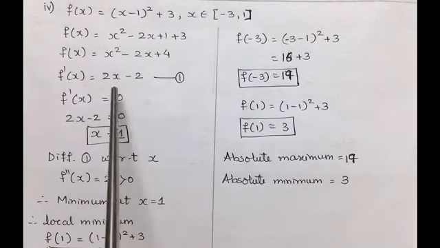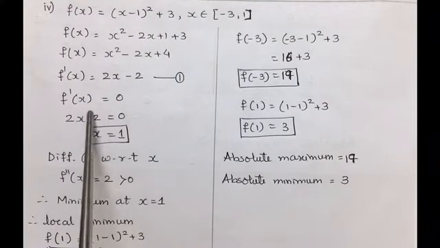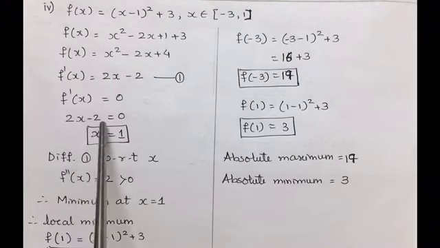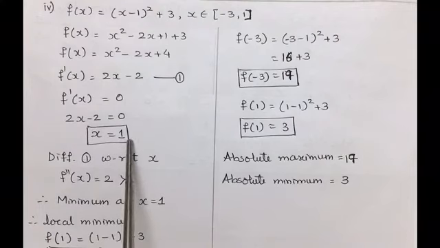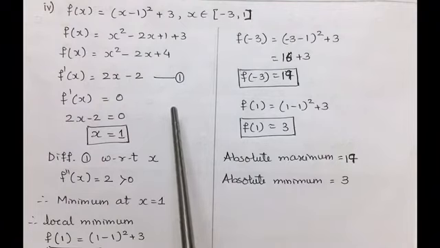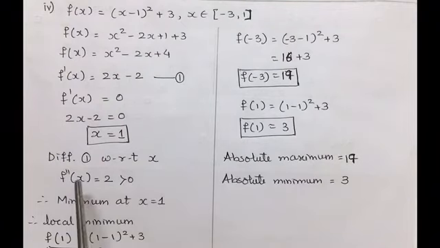Differentiating this, we get f dash x is equal to 2x minus 2. Equating the first derivative to 0 to calculate the value of x, we get 2x minus 2 equal to 0, and that gives x is equal to 1. Now for finding the minimum and maximum, we differentiate again with respect to x to get the second derivative.